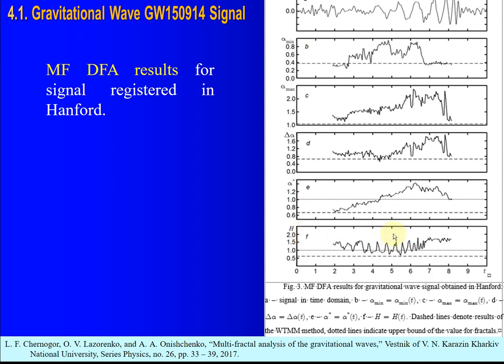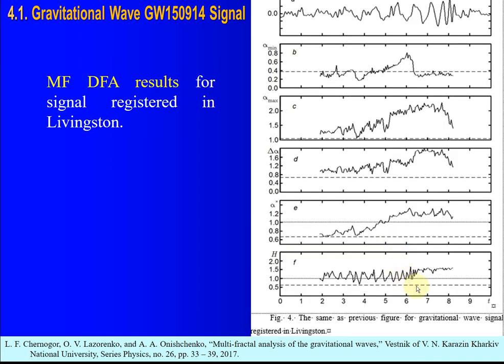As you can see, there is some difference between these two values, and this is for the Hanford signal, I mean the signal which was obtained in Hanford. Another signal, obtained in Livingston, has some similar characteristics, and we are glad that we obtained multifractal characteristics in this signal.